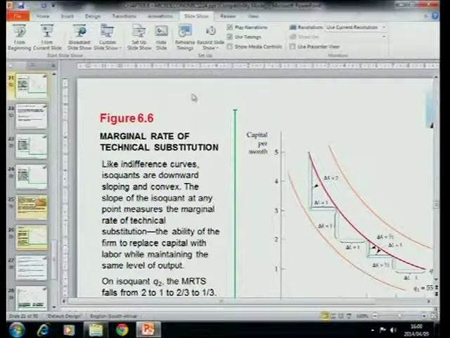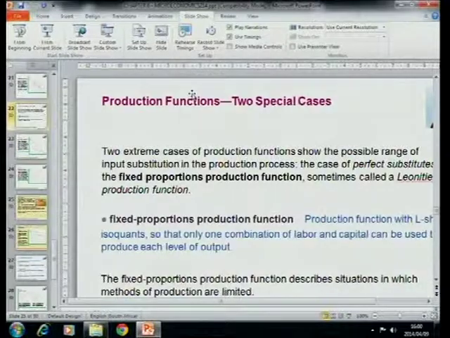And then we have the isoquant map, and then we looked at the marginal rate of technical substitution, which is an important concept that you need to be able to define. And then we look at production functions, the two special cases: the production function where the inputs are perfect substitutes, and then the isoquants are straight lines, because the MRTS is a constant.